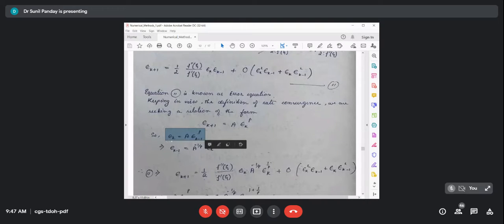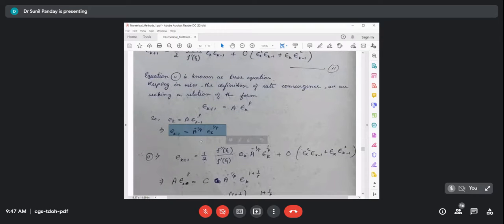Here you divide both sides by a, and you get epsilon k upon a is equal to epsilon k minus 1 raised to power p, and then you take the pth root on both sides. So you will get epsilon k minus 1 as this one.